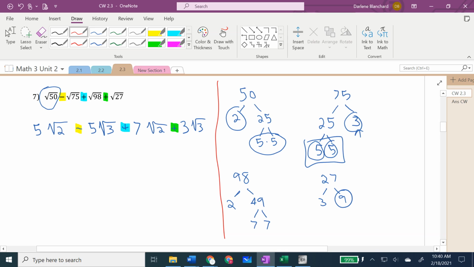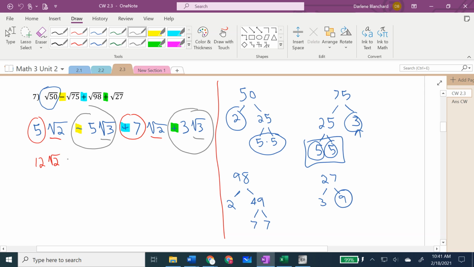Now, let's look at what we have. I've got a root 2. I've got another root 2. Those can combine. I have a root 3 and another root 3. Those can combine. For the root 2's, I have 5 root 2's, and I'm adding 7 root 2's, so I have 12 root 2's. For the root 3's, I have negative 5 root 3's plus 3 root 3's.